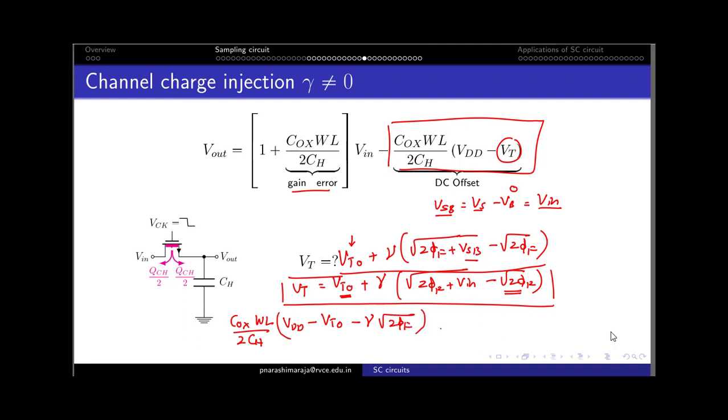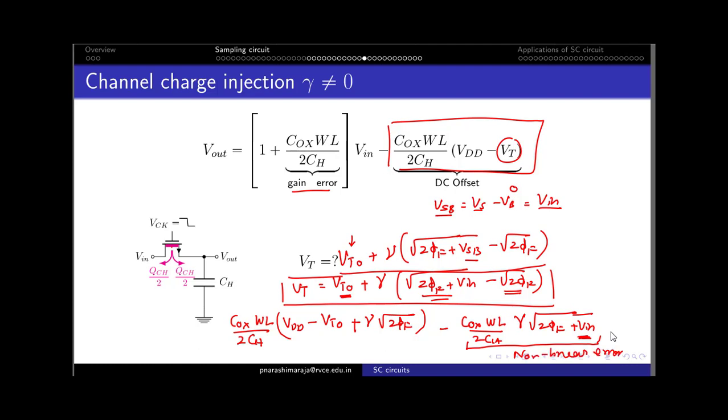The remaining term is this particular term, which I will put outside. Clearly we can see that this third expression has a term that involves the value of Vn, and in general this Vn induces a nonlinear error.